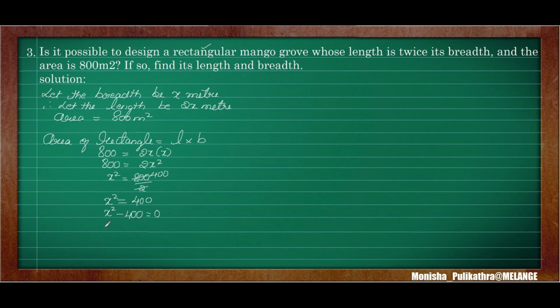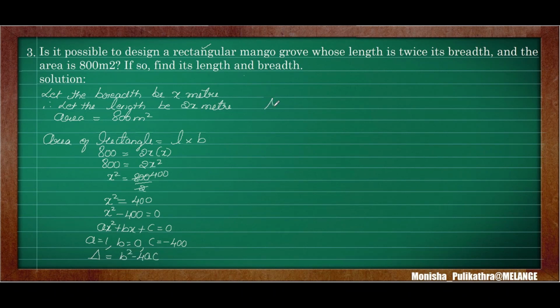Okay, so this equation will be in the form of ax square plus bx plus c is equal to 0. Here a is 1, b is not given so we can write it as 0, and c is minus 400. In order to find out the nature, we have to apply the delta formula, b square minus 4ac.